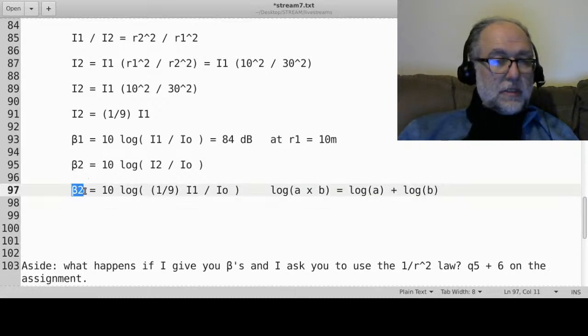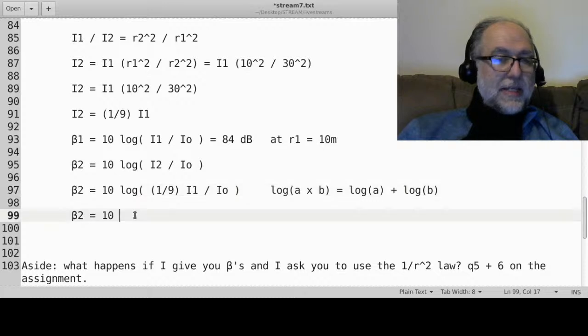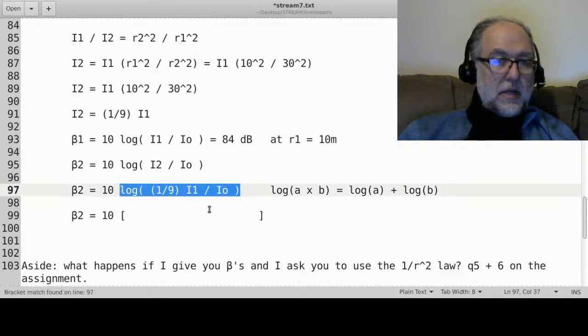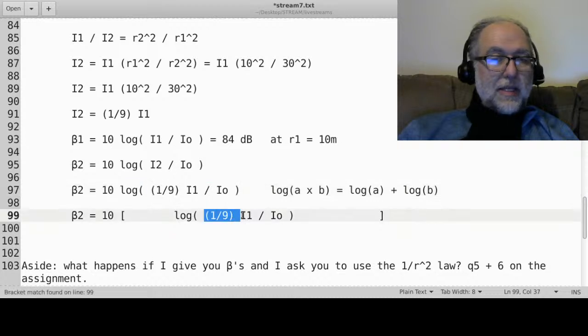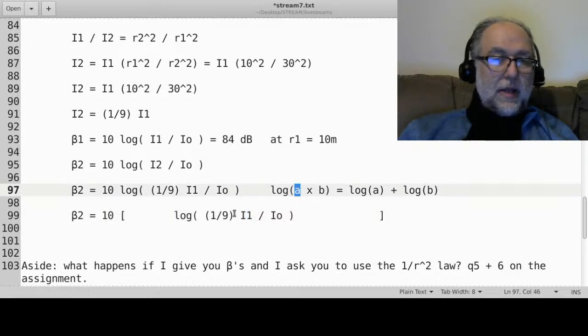So you've got beta 2, and there's that 10 just out in front, so I'm going to put square brackets here, which basically cover all of this. You say, well, now what? Take the 1/9 and pretend that's your A, and take the I over I naught and pretend that's your B. So I'm going to put round brackets around this.